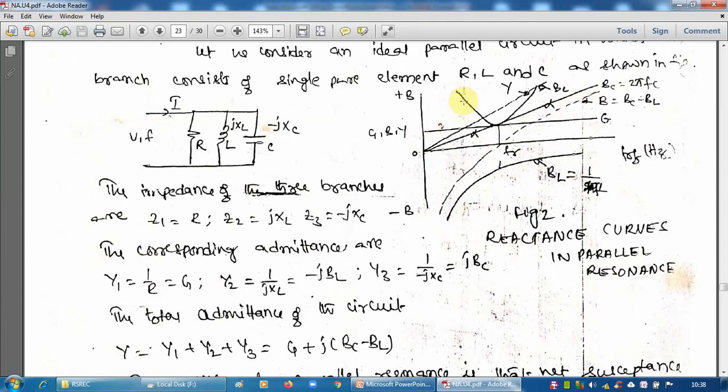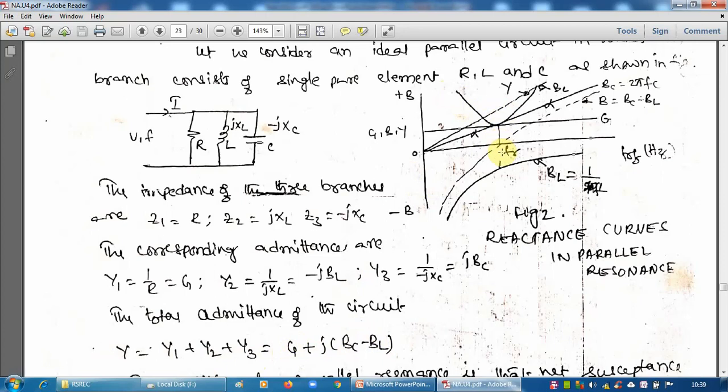And now the net admittance, that means the magnitude of admittance, is nothing but the square root of G square plus this square. If you plot it, it will be like this. Here also, as frequency increases, its value decreases, and at some point net susceptance becomes 0, and Y equals only G, that is the minimum value, this point.